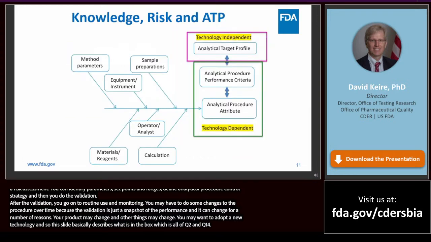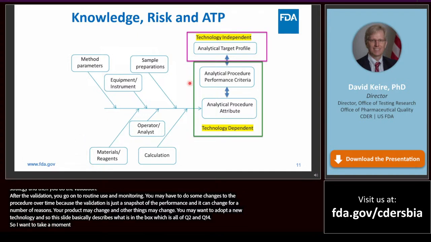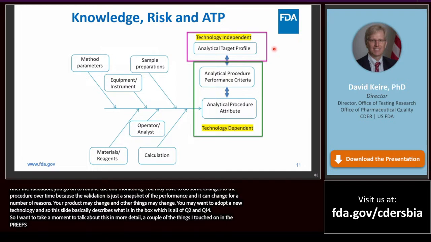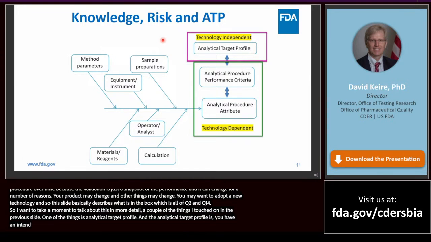So I want to take a moment to talk about, in a little more detail, a couple of the things that I touched on in the previous slide. One of those things is the analytical target profile. Now, the analytical target profile is, you have an intended purpose of a measurement, and you have some sort of performance target, and that can be described in this ATP.